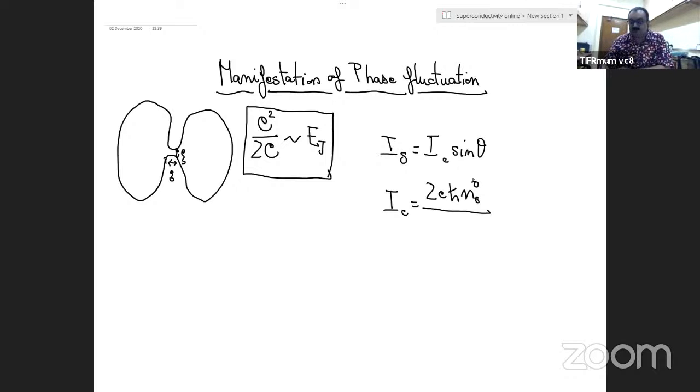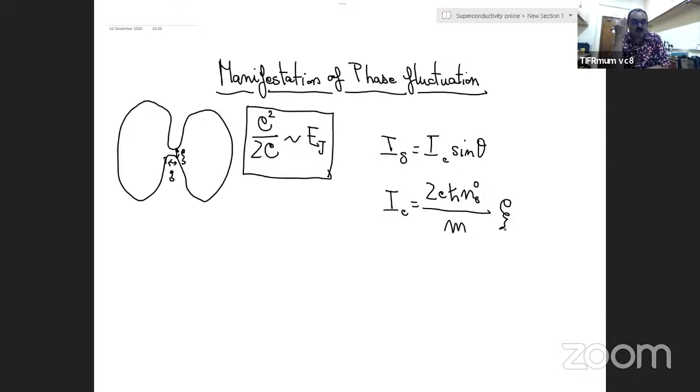So this 0 refers to the superfluid density without phase fluctuations. When phase fluctuations are incorporated, I will have Ns, which will become smaller than Ns0. And then I have area by length, and since all these dimensions are of the order of xi, this becomes xi. This is what I know from the classical Josephson junction.